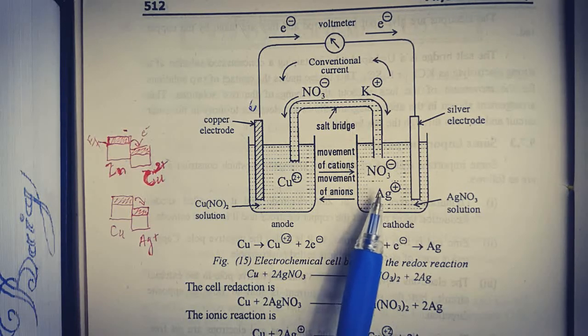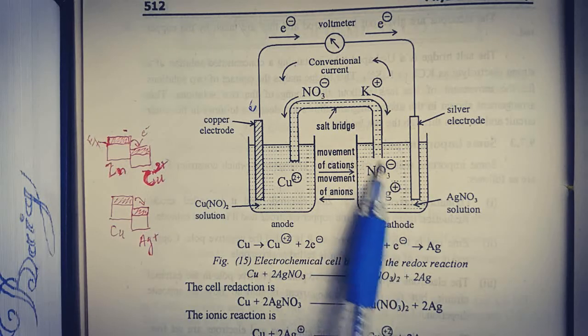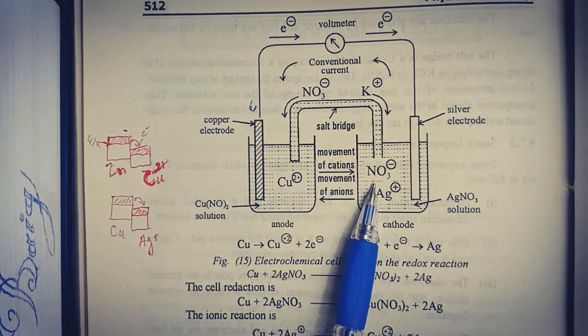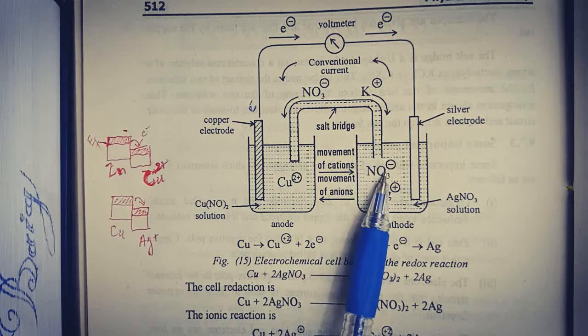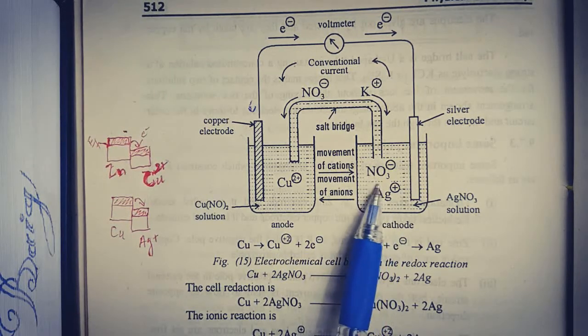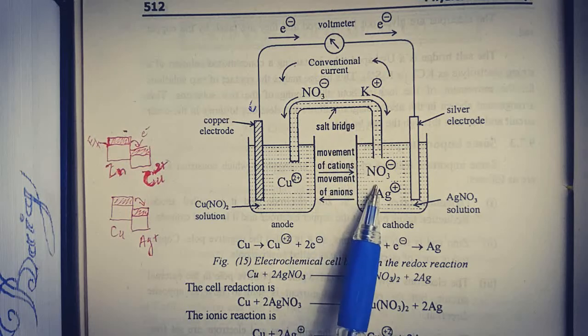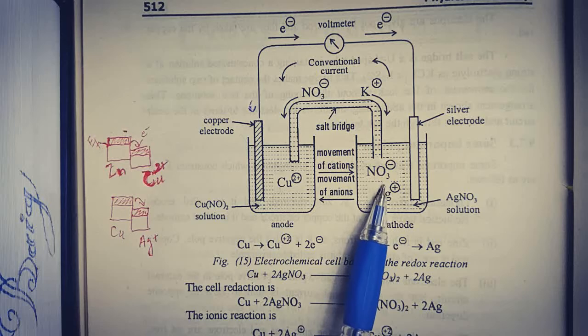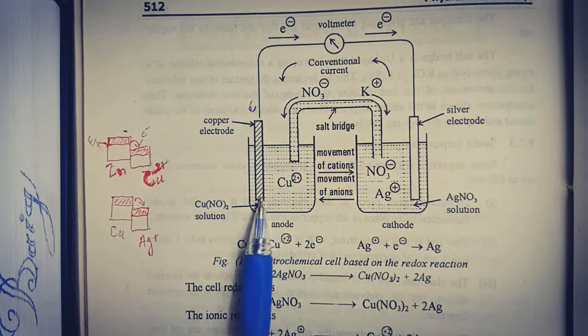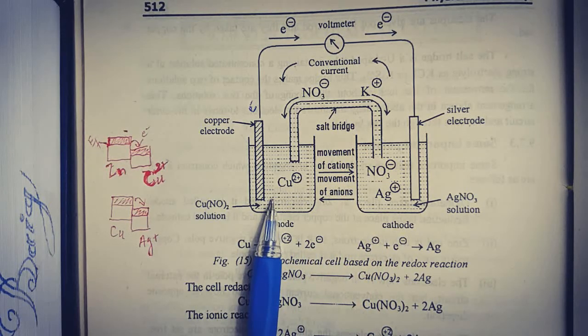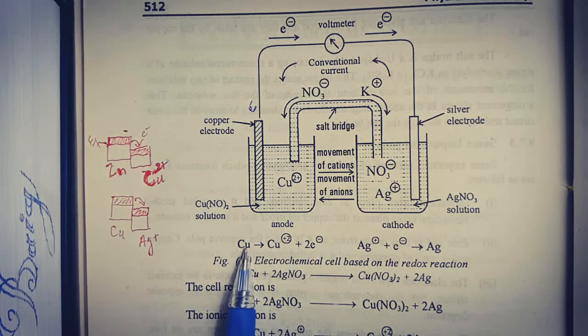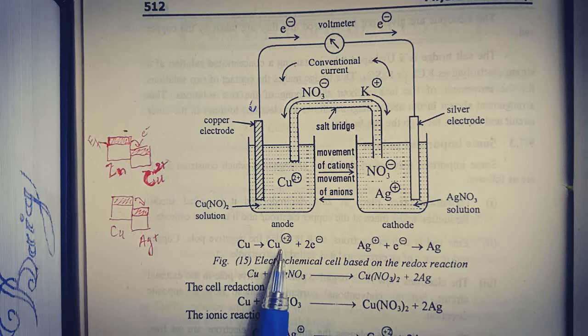So in this case the number of silver ions is decreasing in this chamber. So in order to make this solution electrochemically neutral, the potassium ions move to this solution through the salt bridge to maintain electrochemical neutrality, whereas in the case of the left hand electrode, the number of copper +2 ions is being generated.